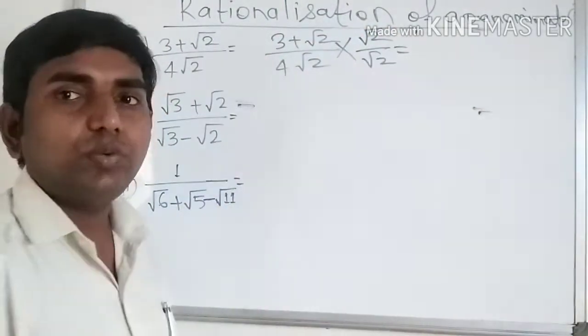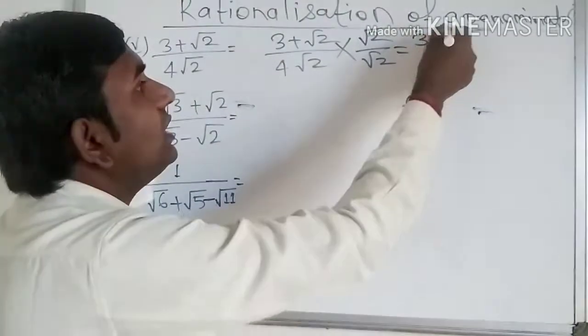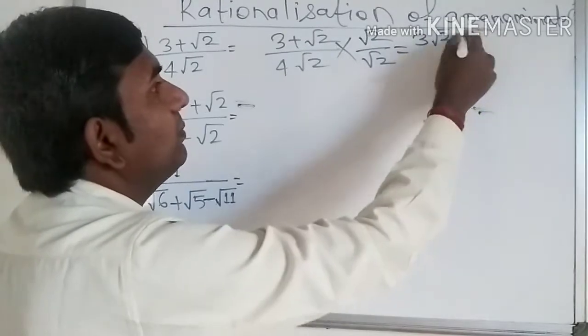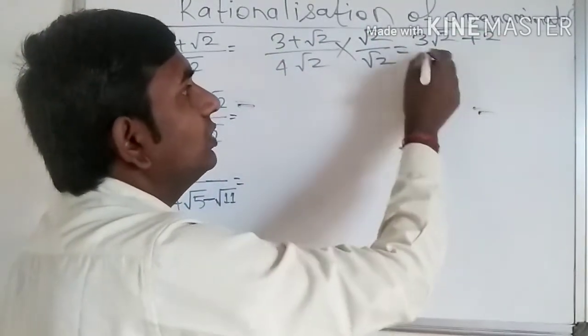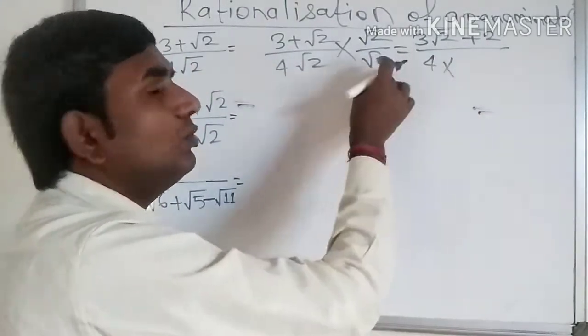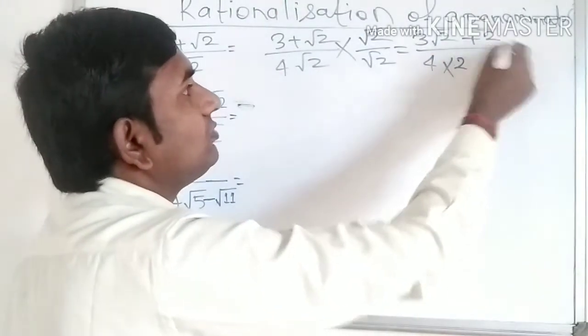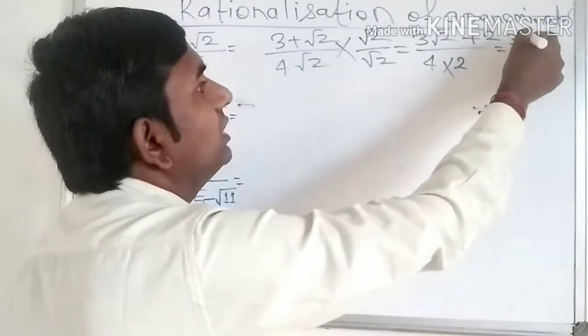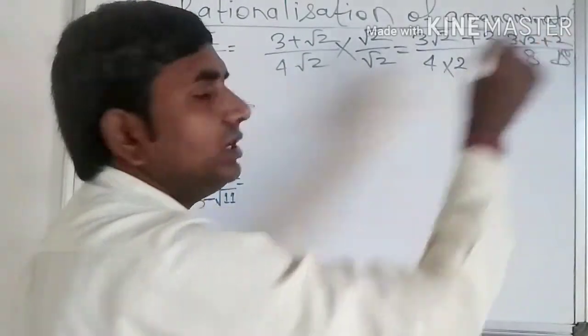After multiplying, root 2 multiplied by 3 gives 3 root 2, and plus 2 square, so it becomes 2. Now in the denominator, 4 into root 2 square, which is equal to 2. After solving, we have 3 root 2 plus 2 by 8, and it's our answer.